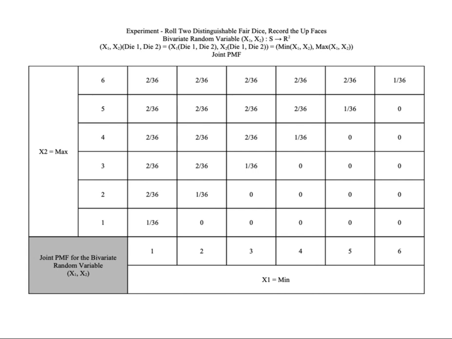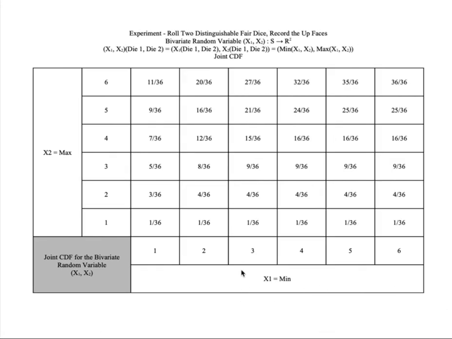Likewise, we can represent the joint CDF in terms of a table as well. Okay, and so here is a table for the joint CDF. So again, I have x1 along the horizontal axis here, and then x2 along the vertical axis, each ranging from 1 through 6. And for every cell in the table corresponding to a particular combination of x1 and x2, I have accumulated probabilities, values of the CDF at that particular point.